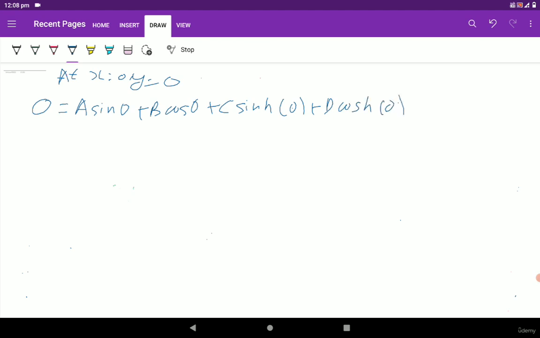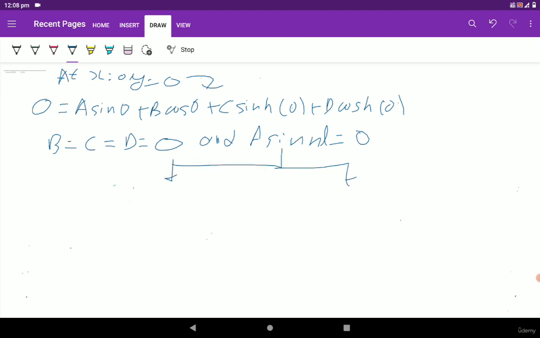So after applying boundary condition, we are going to get b equal to c equal to d equal to 0, and a sine nL is equal to 0. So we need to check two conditions here: either a equal to 0, which is not possible, or sine nL equal to 0.